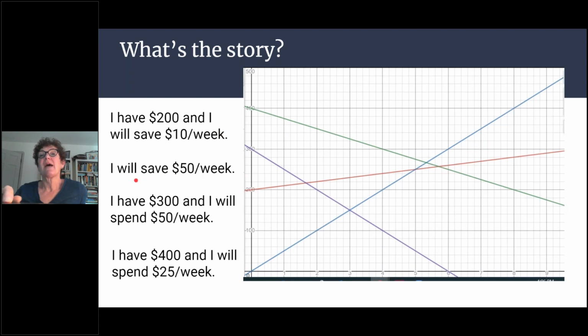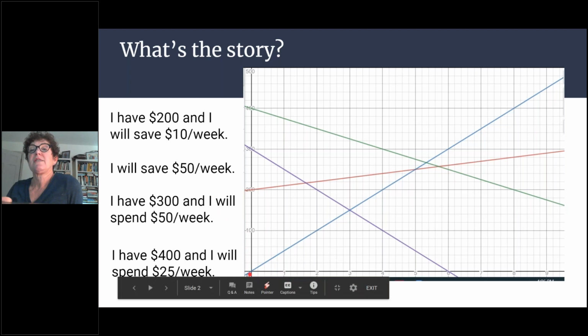Then this one says, I will save $50 a week. It doesn't tell us that we're starting with any amount of money. So that must mean we're starting at 0. This line starts at 0 and it goes up 20, 40, halfway up to 50. And there's your 1.